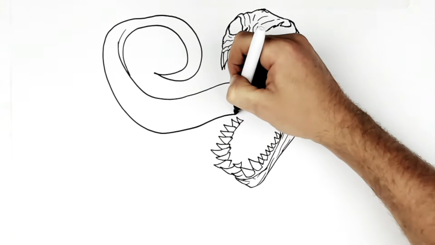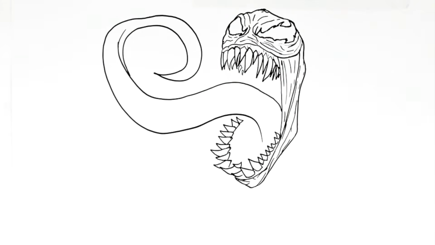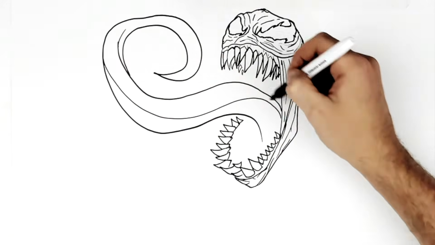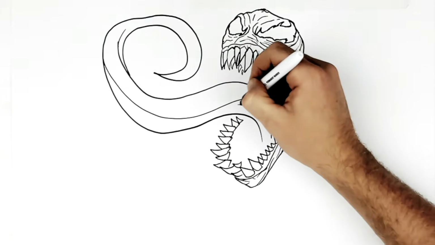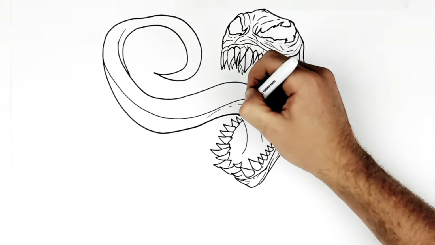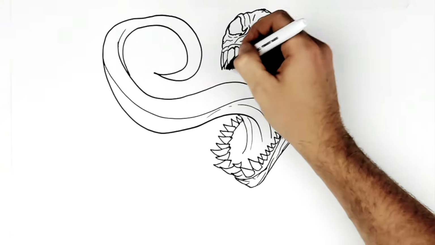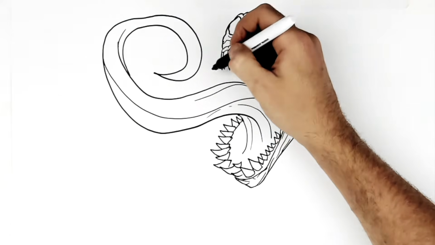Back into the mouth and down. Right, and so this will have lots of textures and weird ooze and everything coming off it. So we just add all these lines on it and stuff.